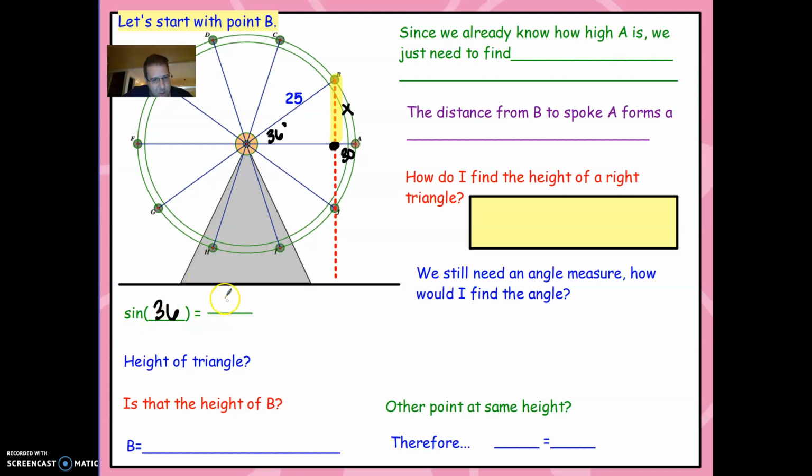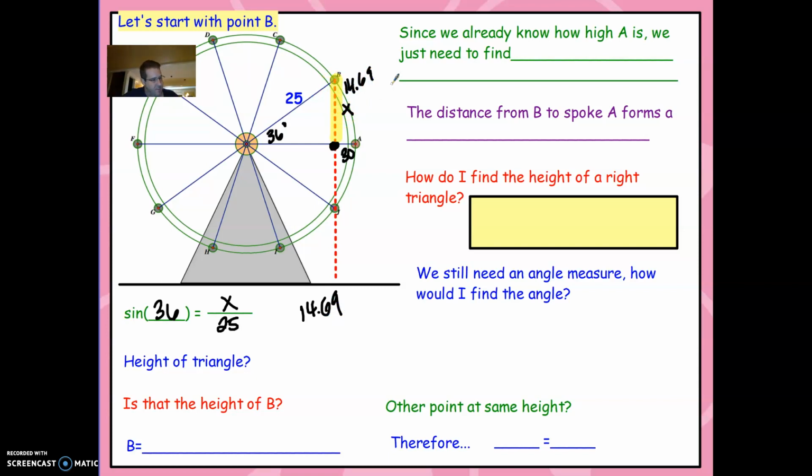And sine is equal to opposite over hypotenuse, which means I'm just going to multiply 25 times sine of 36, which gives me 14.69, which means that this height is 14.69.